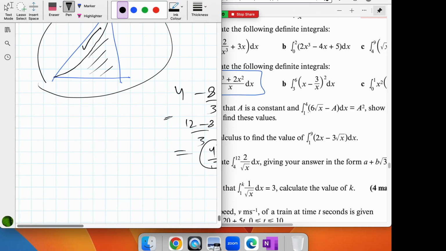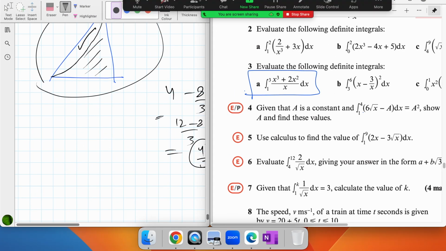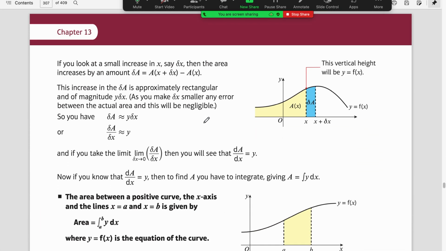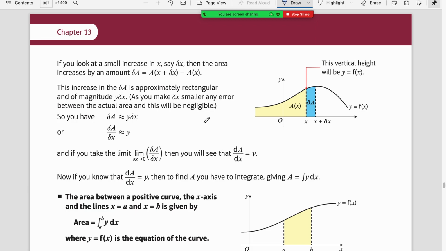Now let's have a look at the book. We just did this. Vertical height, x plus change in x. Now what this is, you know what x is? This is basically change in x.